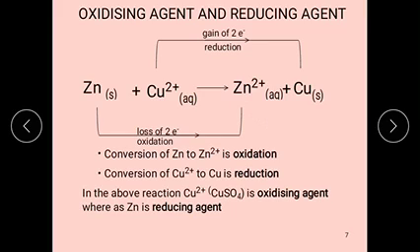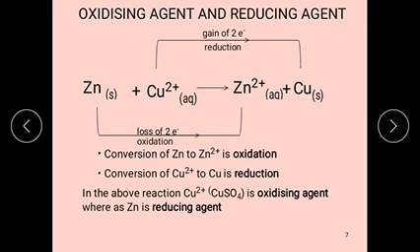an oxidation reaction. From here, copper plus 2 gains 2 electrons and converts into copper, that is 0. The process of gaining electrons is called reduction.